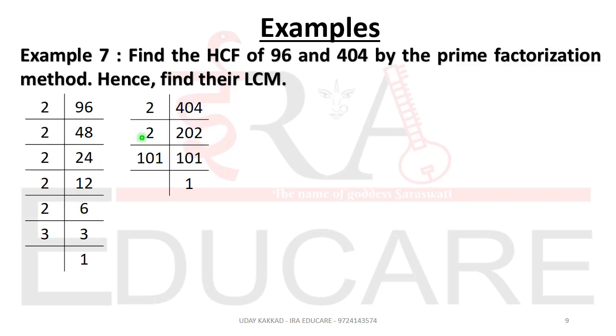Then 404, this is the factorization. So you can write 96 as 2 raised to 5, because the number of 2's is 5, as well as 3 raised to 1, which is 3. Here 404 is 2 raised to 2, because the number of 2's is 2, and 101 raised to 1, right?